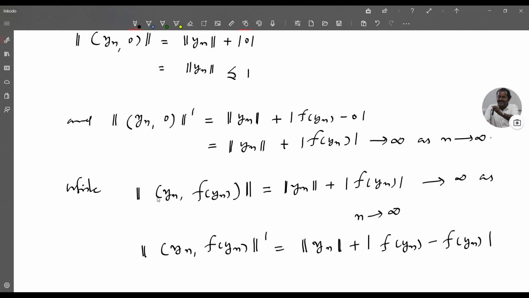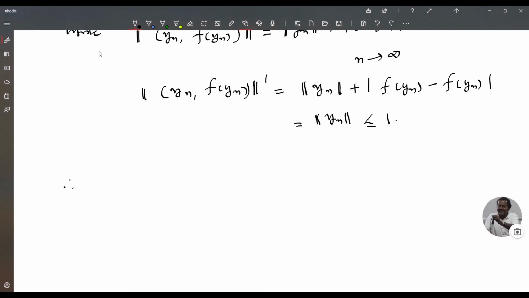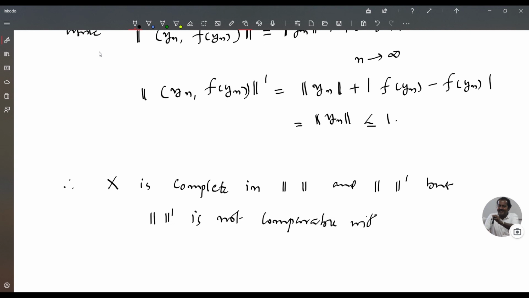So this is equal to norm yn, which is less than or equal to 1. Therefore, X is complete in norm and norm dash, but norm dash is not comparable with norm.